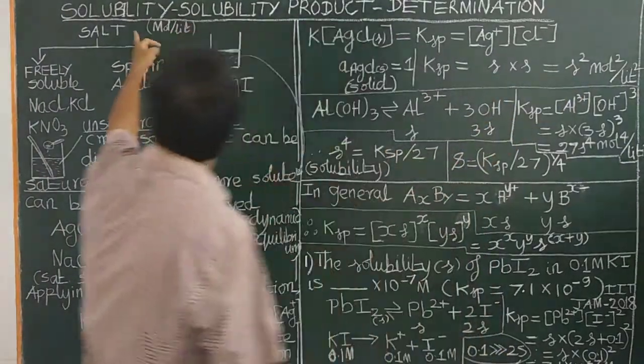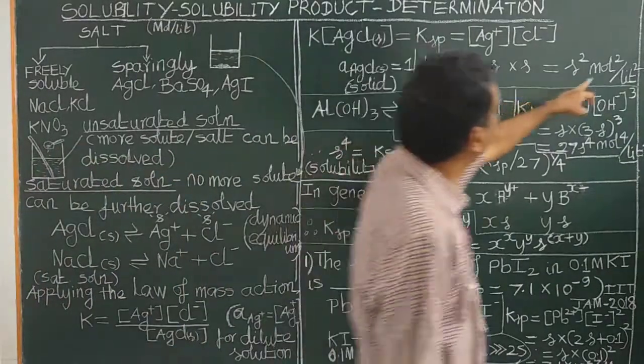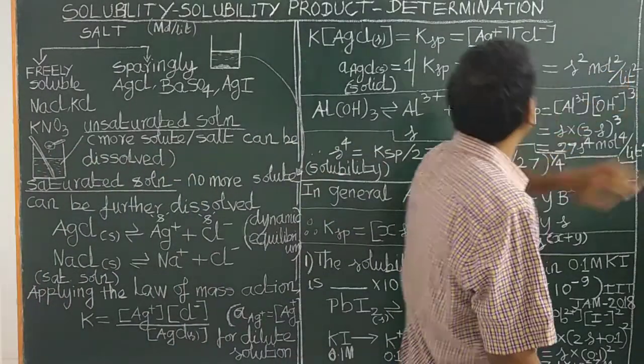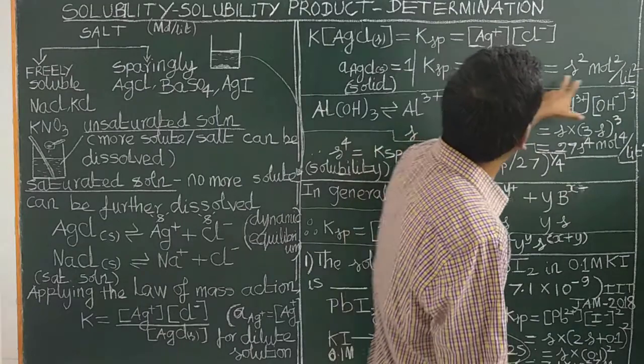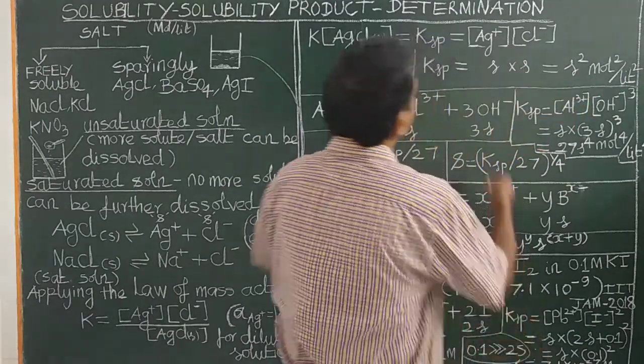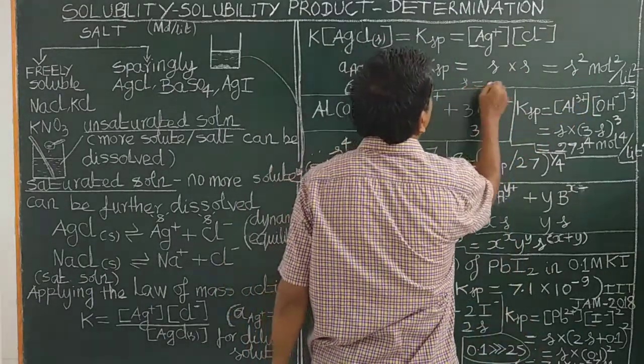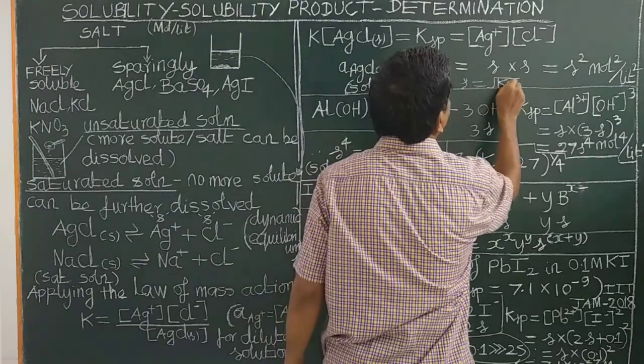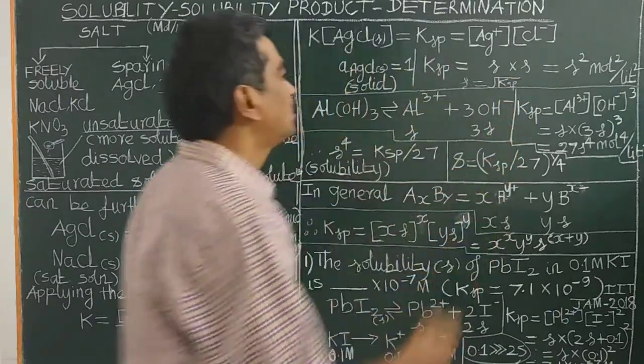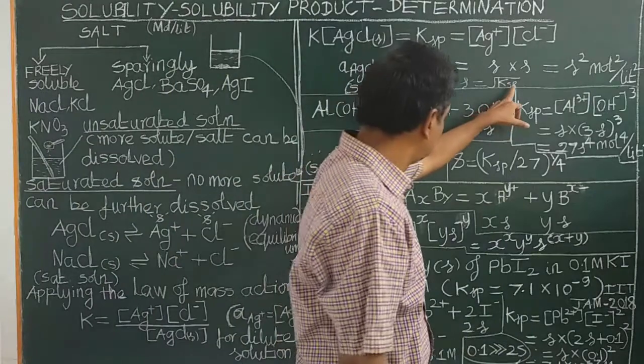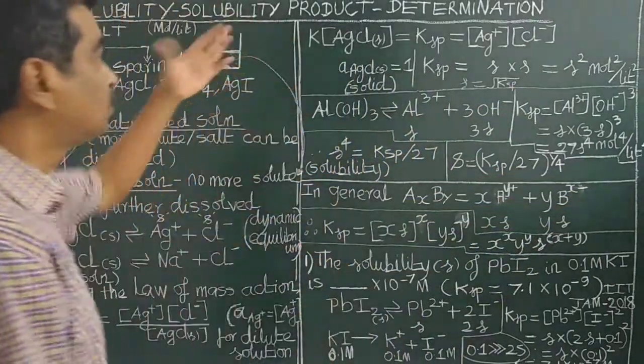What is the unit of solubility? Moles per liter. Therefore mole square divided by liter square. Therefore Ksp equal to S square. S equal to square root of Ksp. Suppose you are given, remember, suppose you are given the solubility product of the salt.